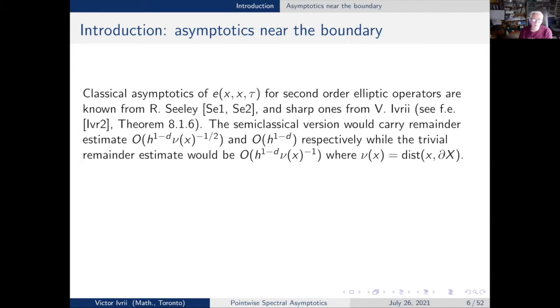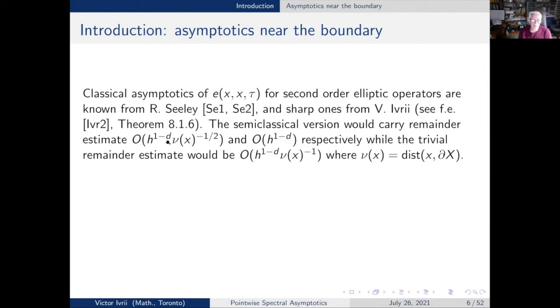On the other hand, asymptotics near the boundary for second order elliptic operators are known from the late Seeley, and a sharp one from myself. The semi-classical version would carry a remainder estimate from Seeley h^{-d}, and here nu is the distance to the boundary. And for myself, it is h^{1-d}, while the trivial remainder estimate would be like this.